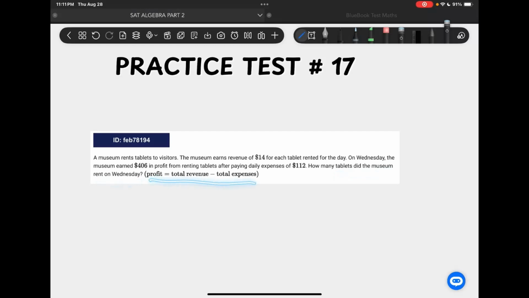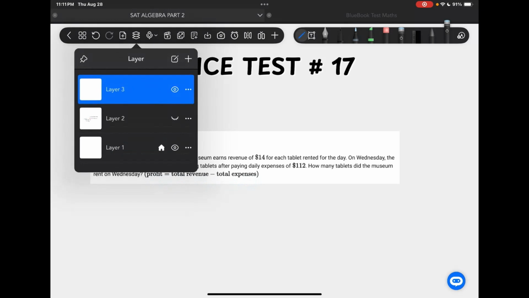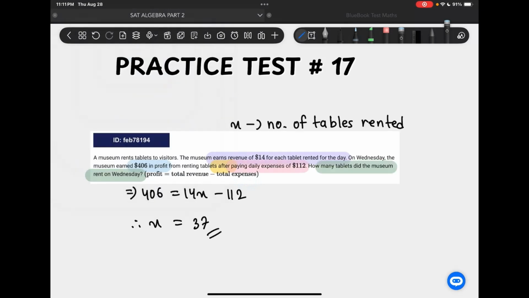Okay, we are also given the formula for how to calculate the profit. Profit equals total revenue minus total expenses. So let's see how we're going to solve it. We're first going to assume x is the number of tables rented, and the profit is $406. Total revenue is basically 14x. Why?